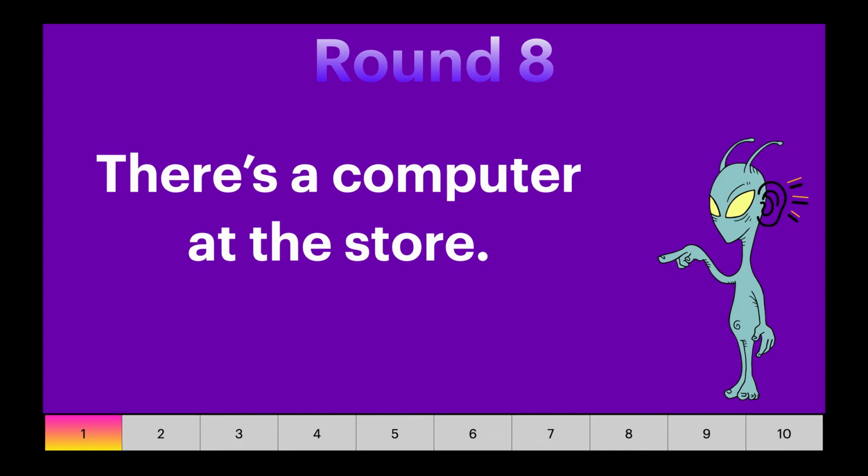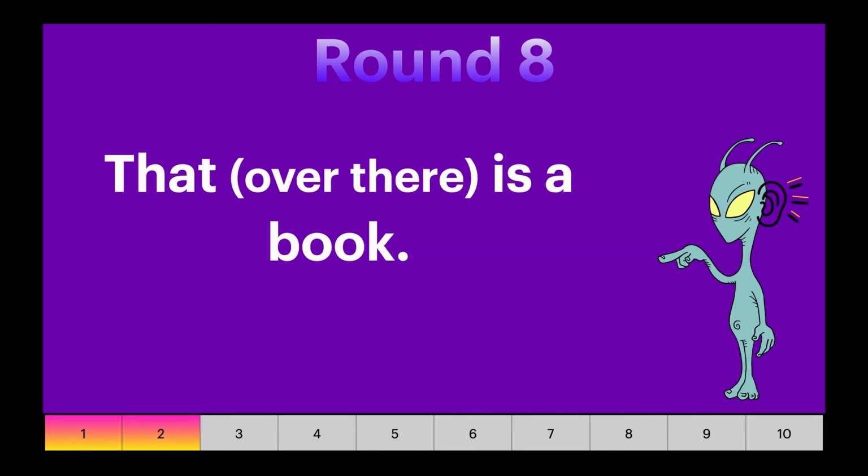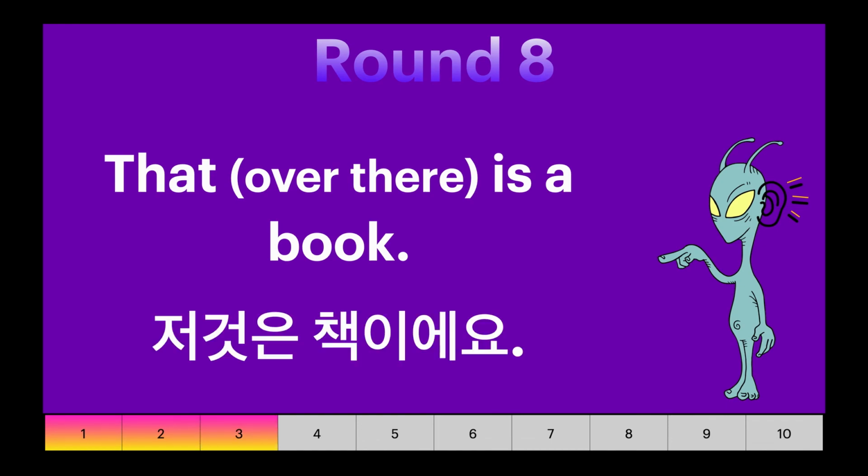There's a computer at the store. 가게에 컴퓨터가 있어요. That over there is a book. 저것은 책이에요.